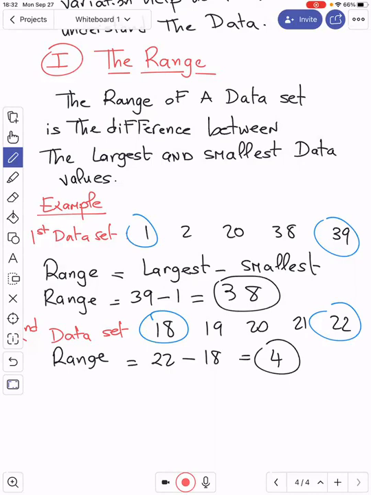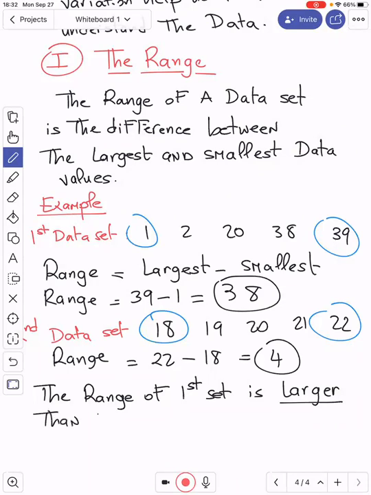So the range of the first data set is 38, and of the second it's 4.